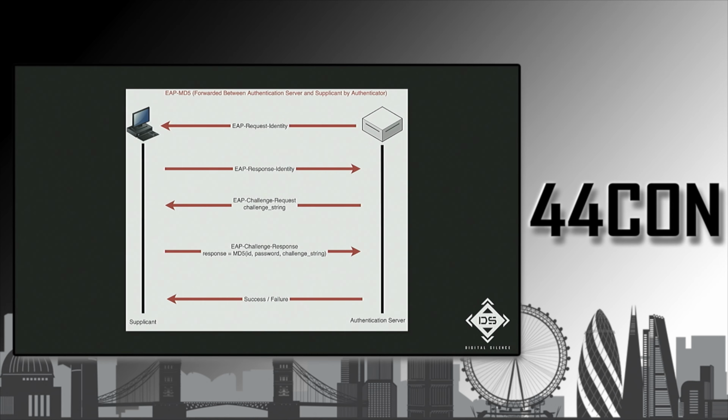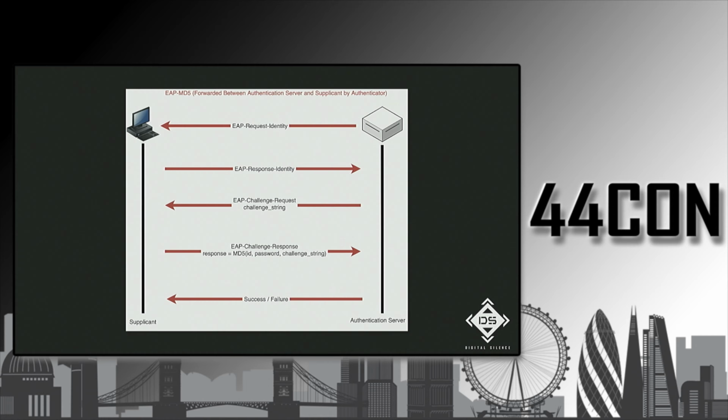The supplicant's going to receive this random string of characters, concatenate it with its username and password to make one long string that's then going to be put through the MD5 hash function. The output of the MD5 hash function is then going to get sent off to the authentication server as an EAP response, challenge response. And the authentication server is then going to do the exact same thing.